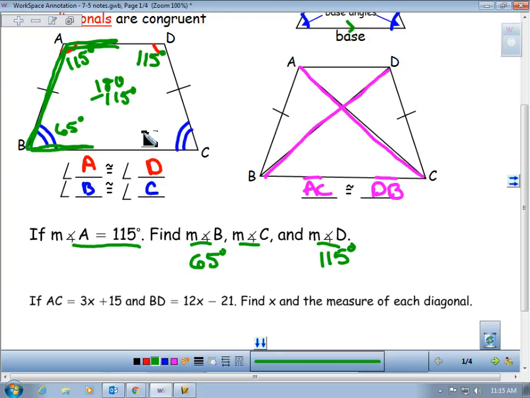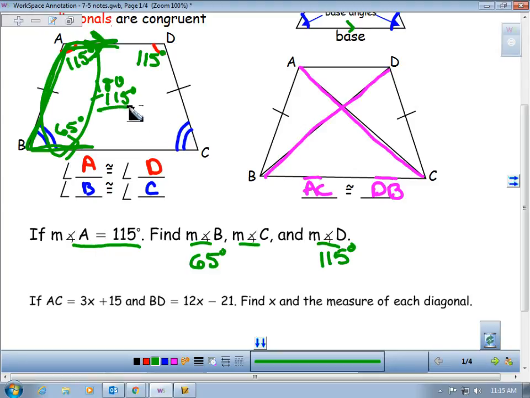Consecutive interiors or same side interiors, right? Are the lines parallel? Yeah, this is a trapezoid, which it is. We know those two bases are parallel. So we know those same side interiors are supplementary.